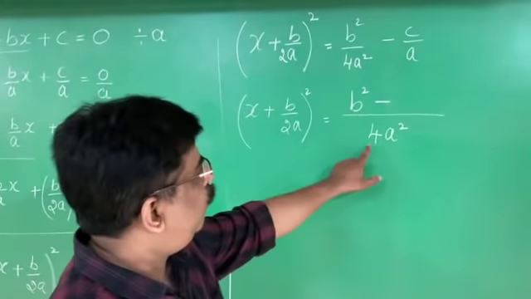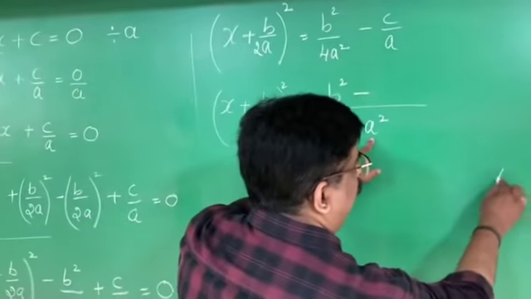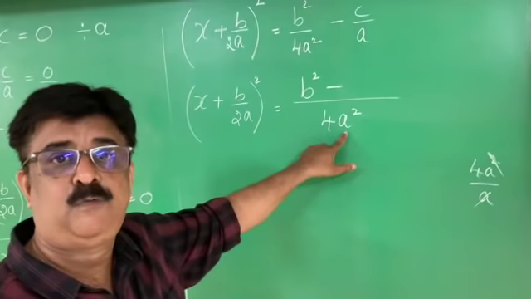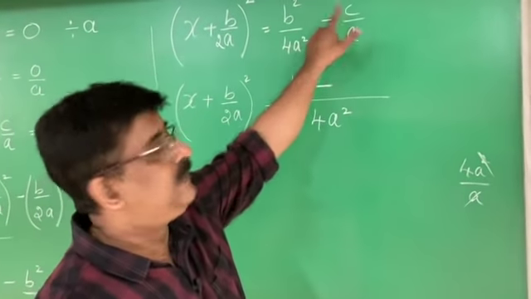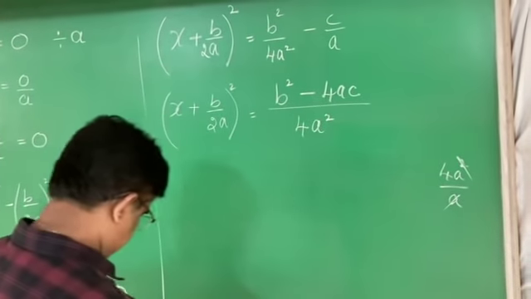Minus, 4a square divided by a becomes 4a. 4a into c is 4ac. It becomes 4ac.